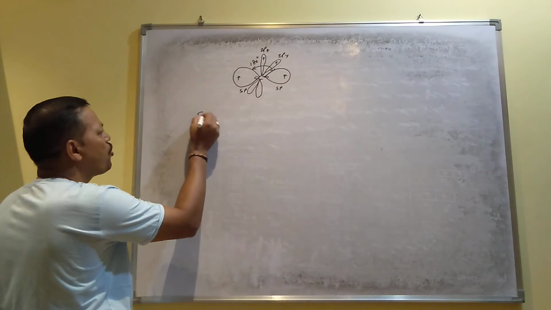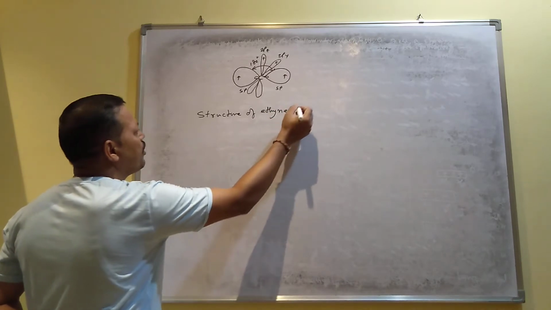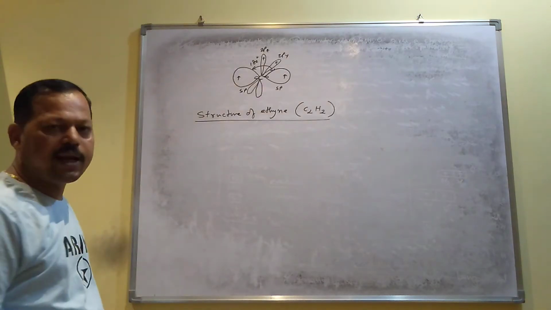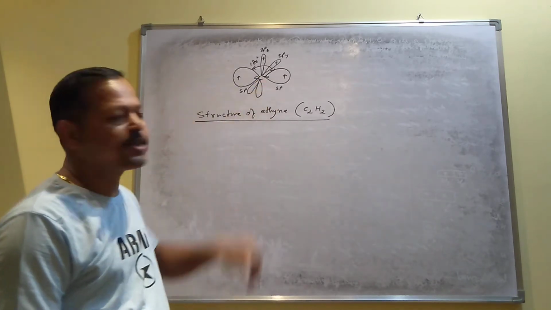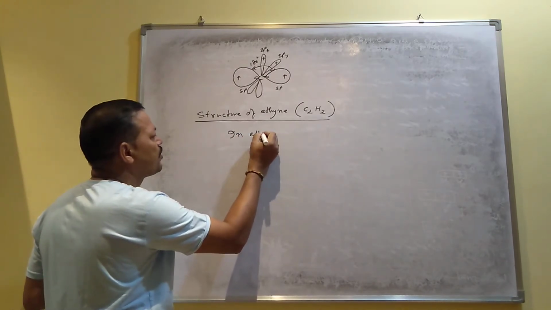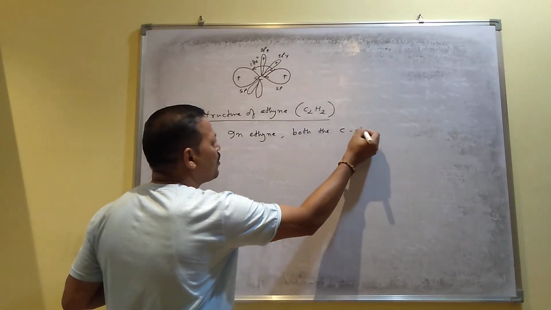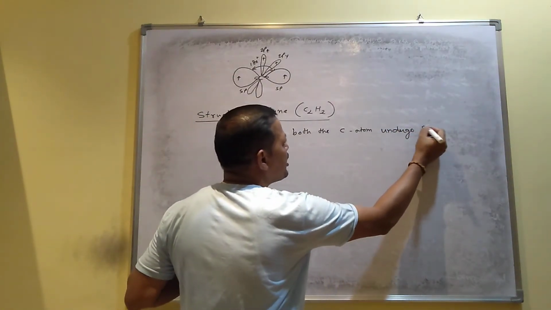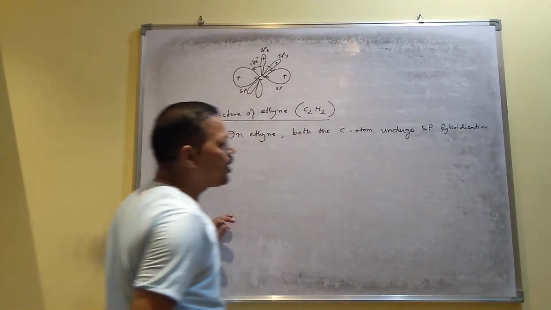Now we will draw the structure of the ethyne molecule. Ethyne, formula C2H2, is one example of an alkyne. And as you know, in alkynes carbon-carbon contains a triple bond, and triple bonded carbon always undergoes sp hybridization. So in ethyne, both the carbon atoms undergo sp hybridization because they are triple bonded carbons.